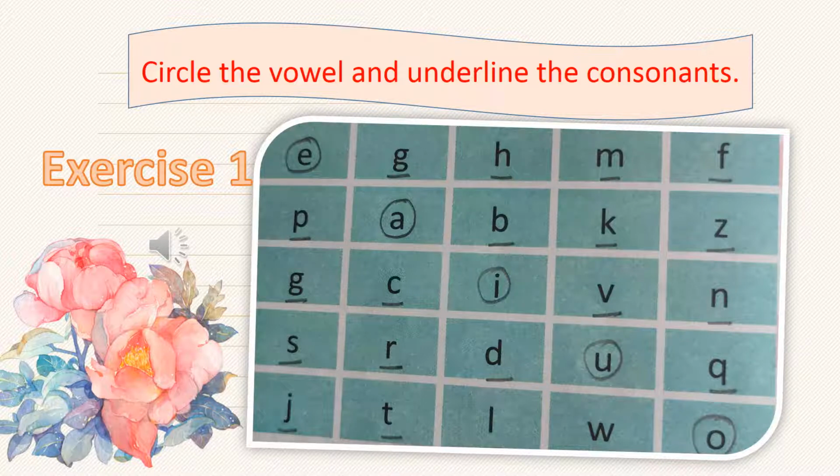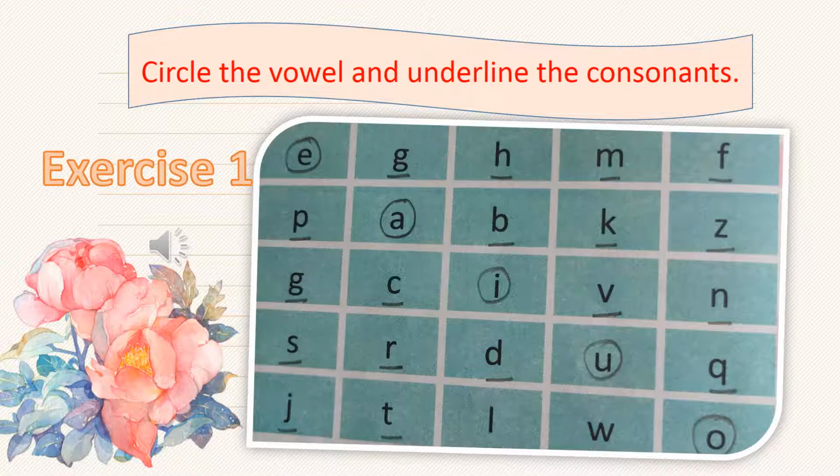As I have done it already, you can see in the first line it's E, G, H, M, F. We have to circle the vowel and underline the consonants. So I have circled the vowel E and I have underlined all the remaining letters. Why? Because they are consonants. In the next line also I have followed the same pattern.